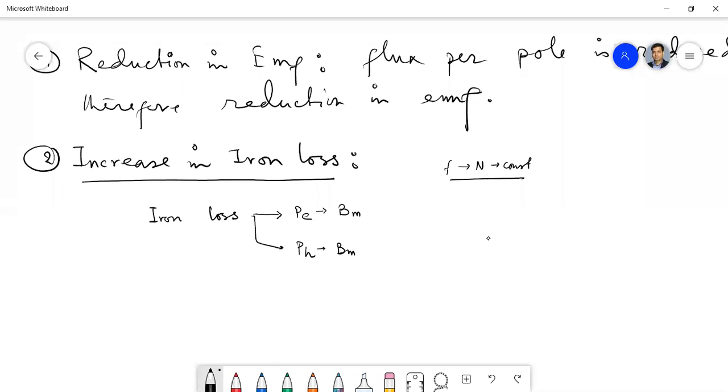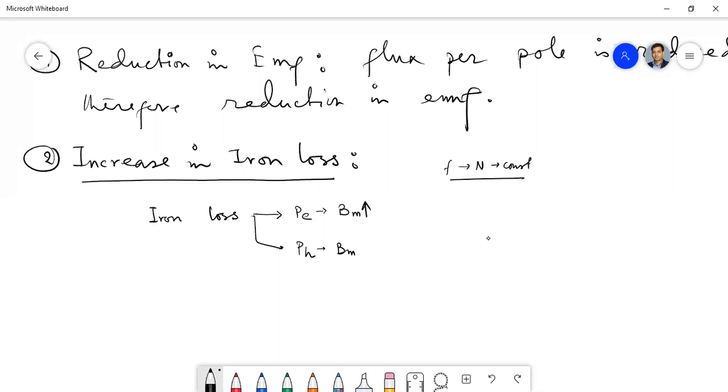Now in the resultant flux distribution, you have seen that the maximum value of the flux has increased. And as the area is constant, the maximum flux density will increase.